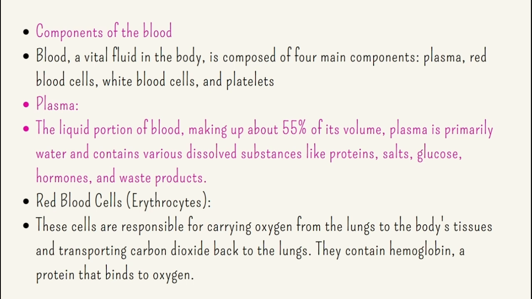Now this word right here, I can't even pronounce it myself, but erythrocytes is basically the same thing as red blood cells. It's just the more technical name for red blood cells. But just remember that plasma is the liquid part of the blood, and red blood cells carry oxygen and contain hemoglobin. So just remember those main things about these two.